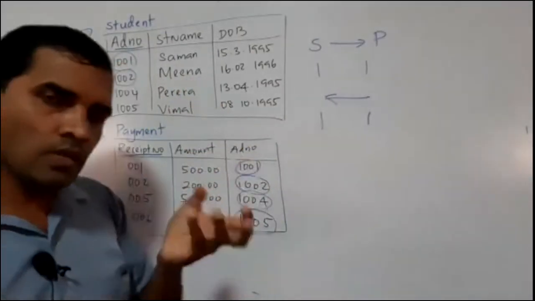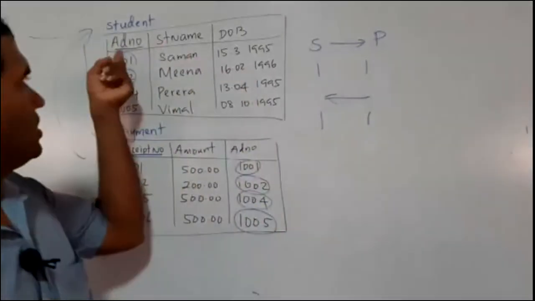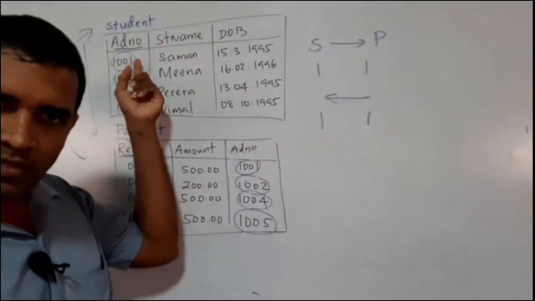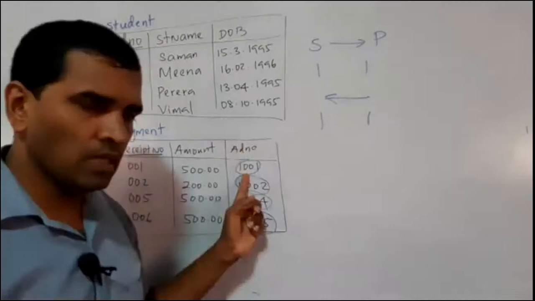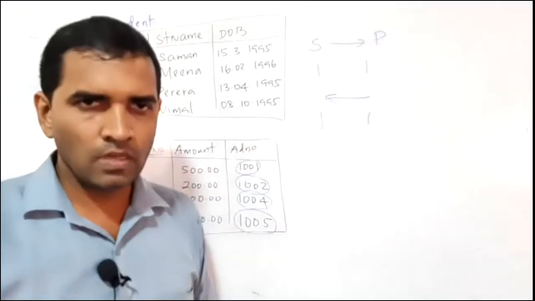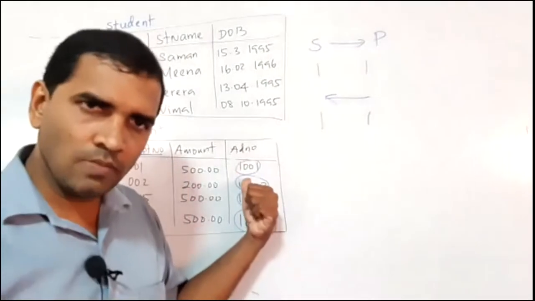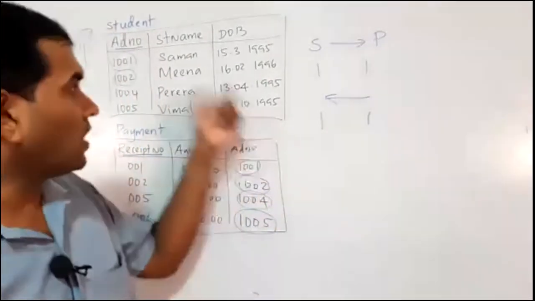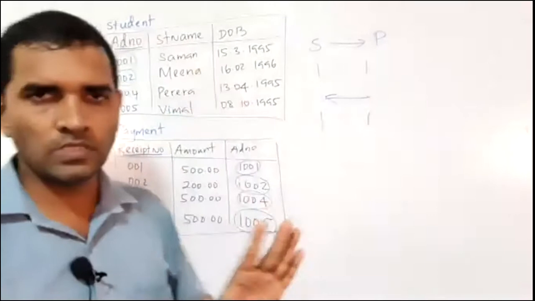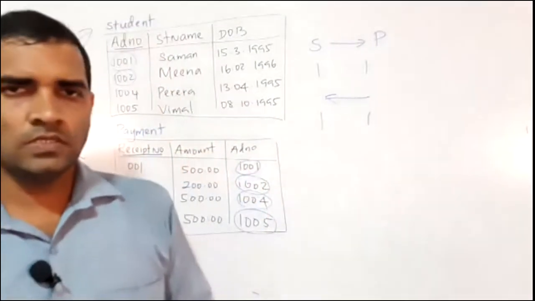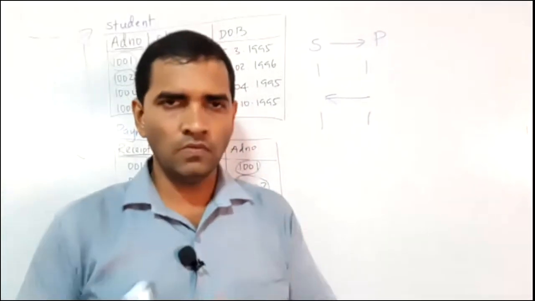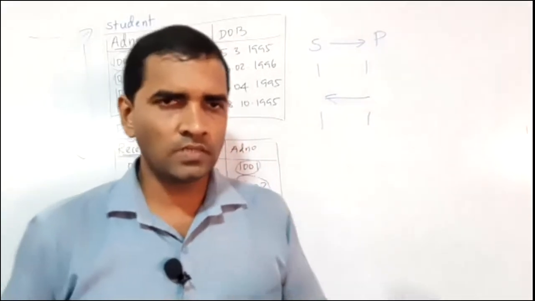So what is the meaning of one-to-one? Data in one table has only one similar data in the second table. In the opposite manner, a data in the second table should have only one similar data in the first table. This is the idea behind one-to-one, or I can take that as a definition, right?